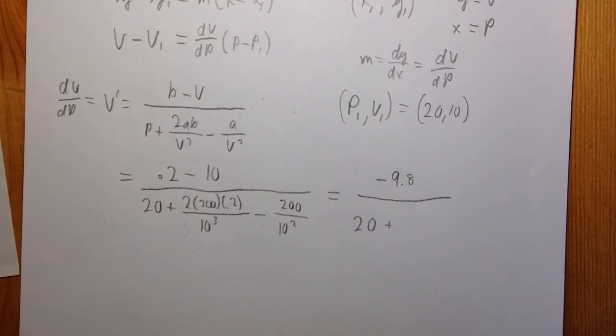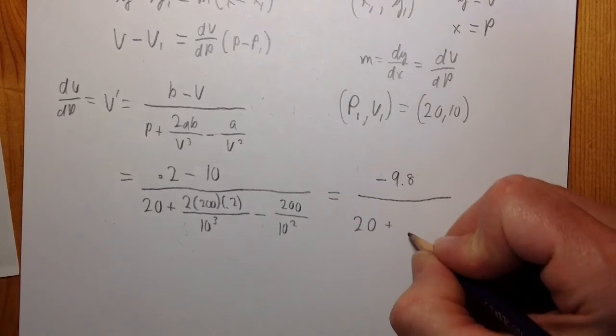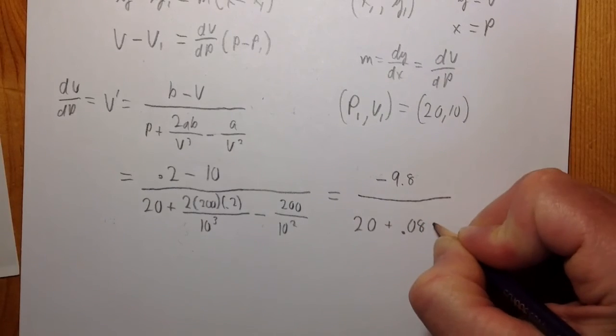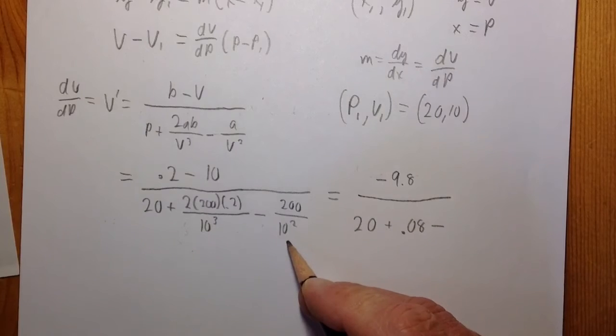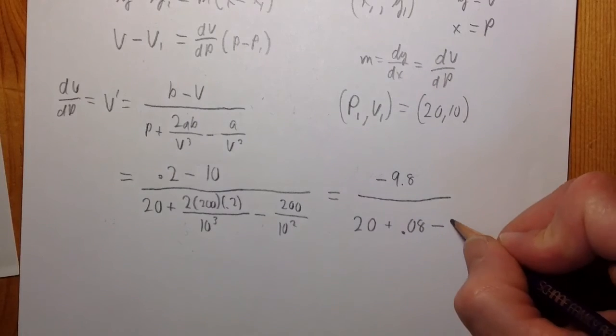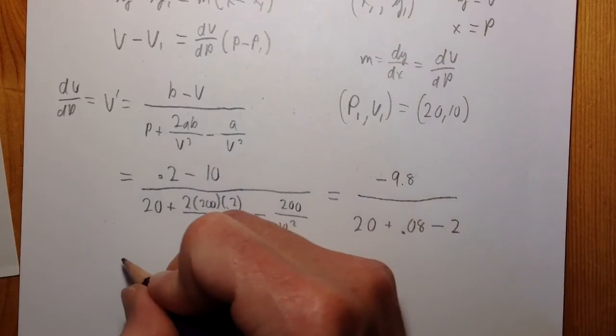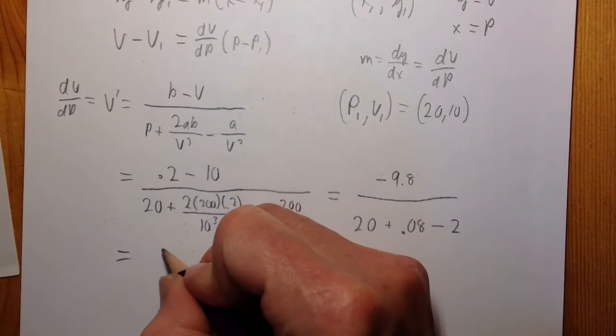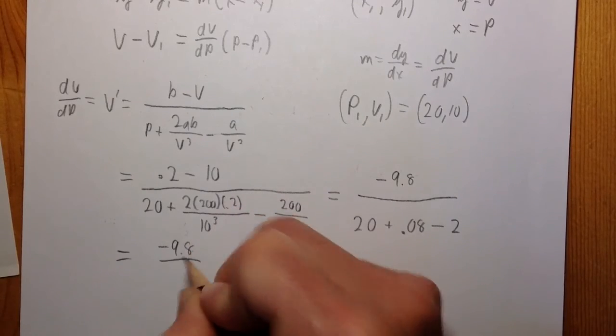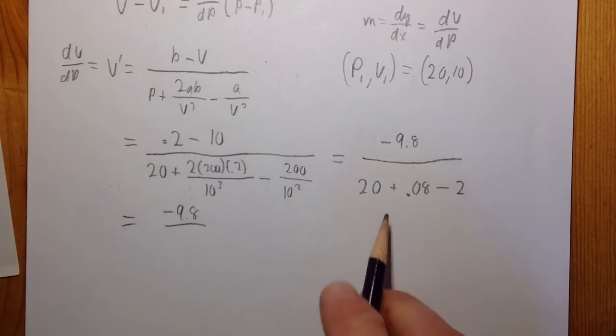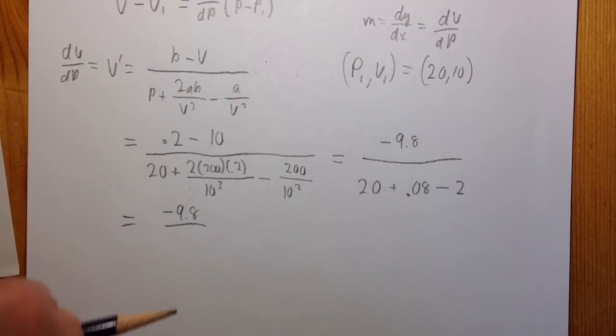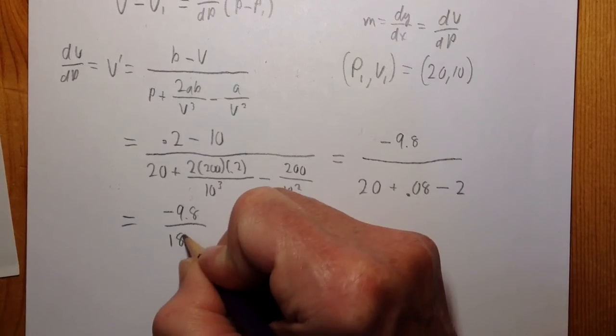I better make sure I get my decimal places right. Yes, 0.08. So plus 0.08, minus 200 divided by 100, so minus 2. So that's negative 9.8 divided by 20 plus 0.08 minus 2, which is 18.08.